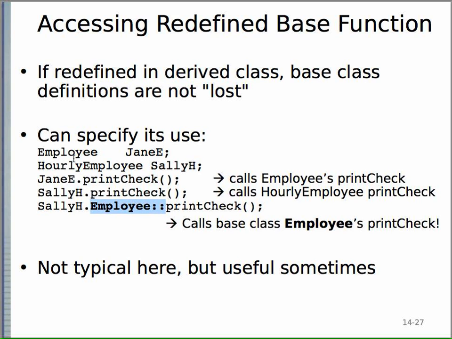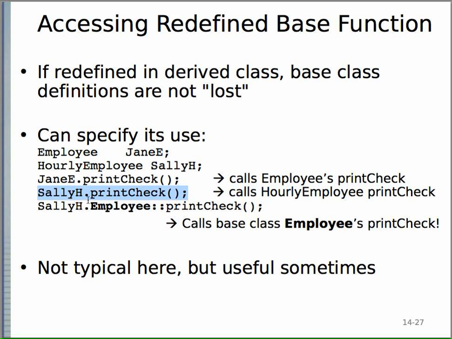So here's a simple example. You have Jane E is an instance of employee, Sally H is an instance of hourly employee. So you can call the print check function of both. That's fine. So this calls the print check function of employee, which would actually cause the program to quit, so you don't want to do that. But this one should work.